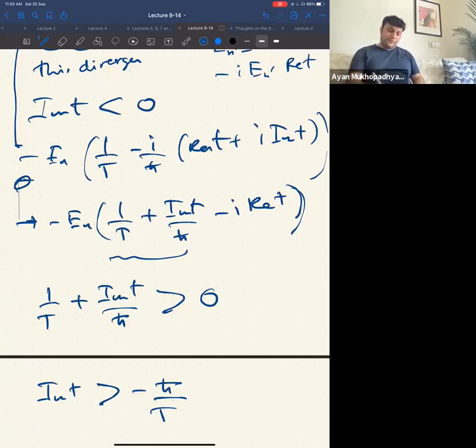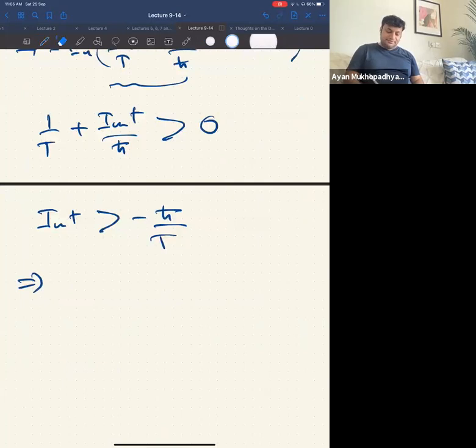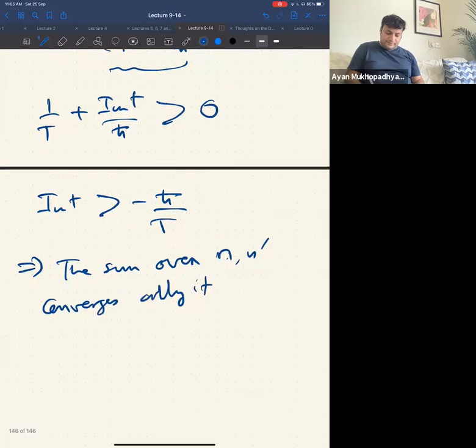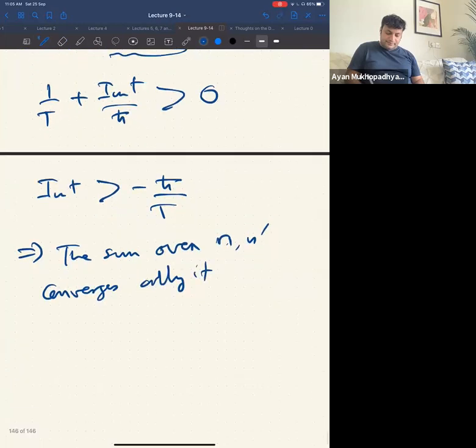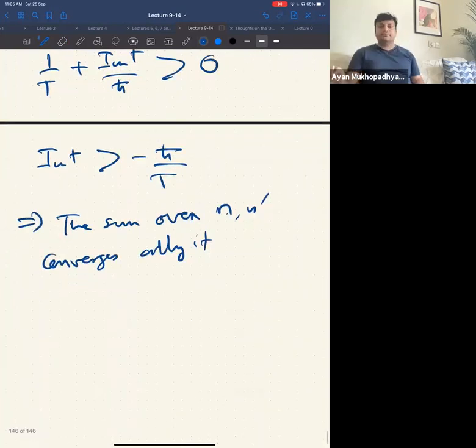So therefore, for the first exponent to converge, it implies that the sum over n prime converges only if you get the following thing: minus h bar by t is less than imaginary t, which is less than 0.